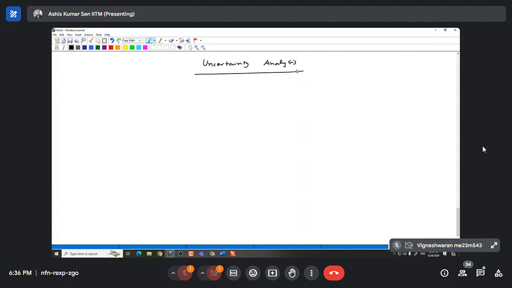Okay, but error is a qualitative term. Because error, as we discussed, is the true value minus the measured value. The true value is not known, so error is basically a qualitative term.